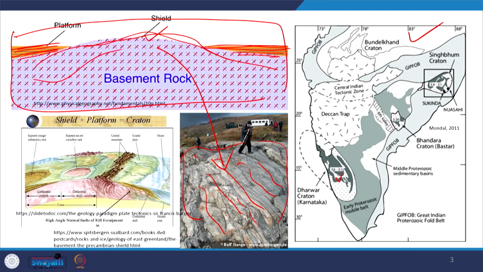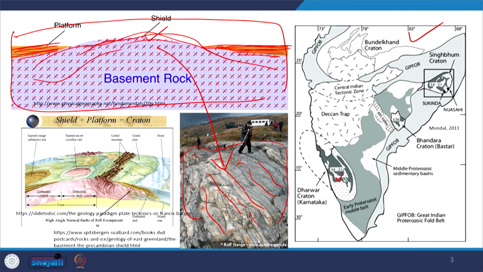That means no significant tectonic deformation has been recorded after this Archean-Proterozoic boundary. So, that is why it is called tectonically stable, that is the craton, isn't it. Where the basement rocks are exposed to the surface, that is called shield, and the sedimentary cover is called the platform cover, or supracrustals.